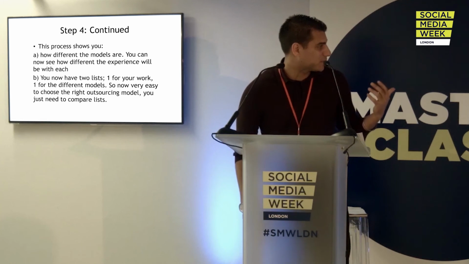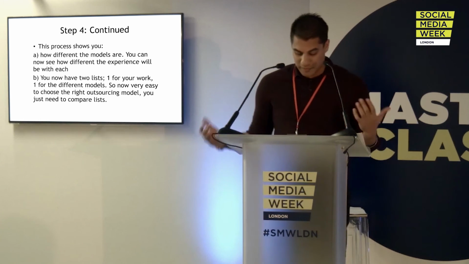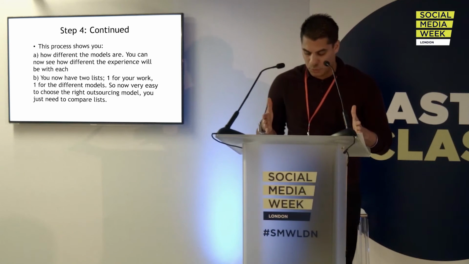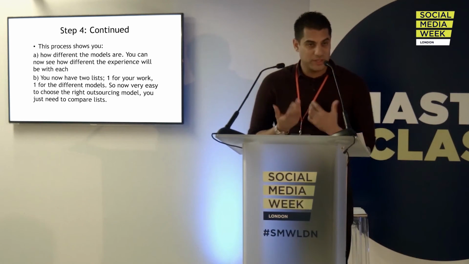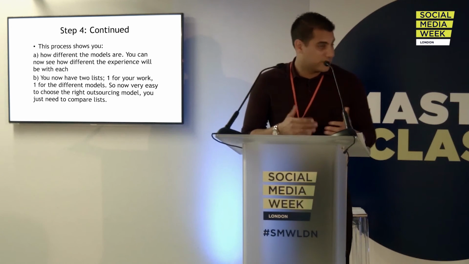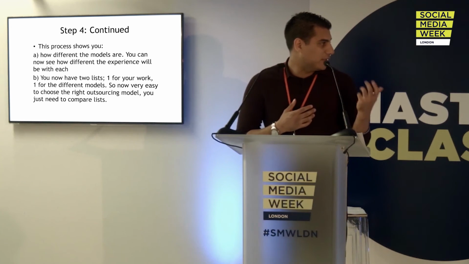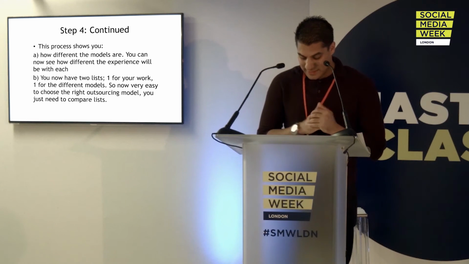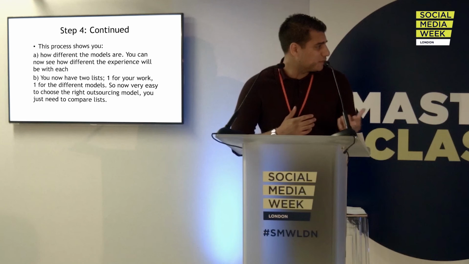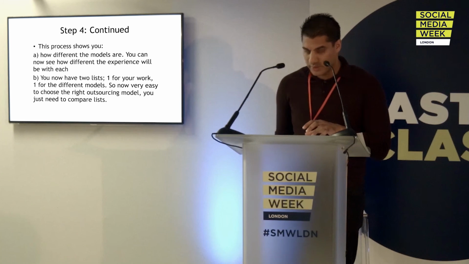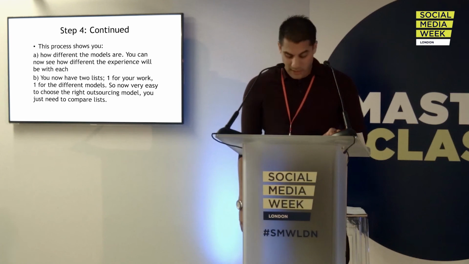So once you've come to the end of step 4, these stages will firstly show you how different all the different models are from each other, and you can really start to appreciate just what a different experience you're going to get with each model. And the second thing is, it's very easy for you to match up which model is suitable for your work.